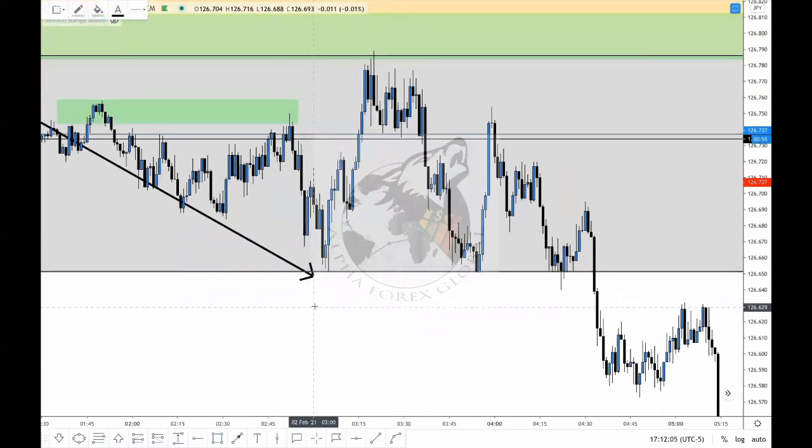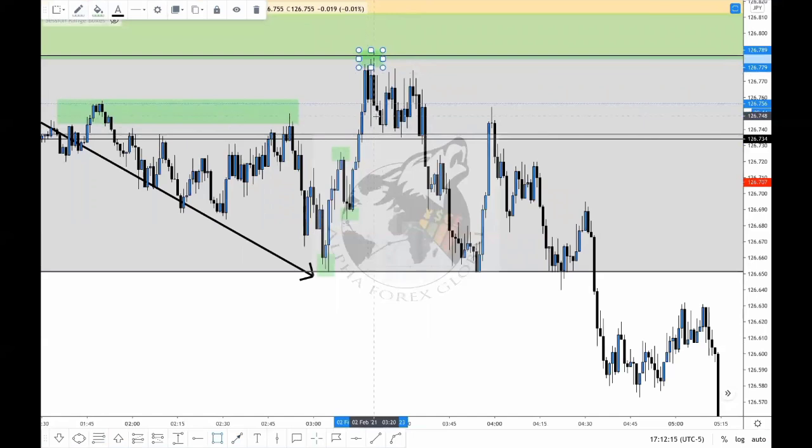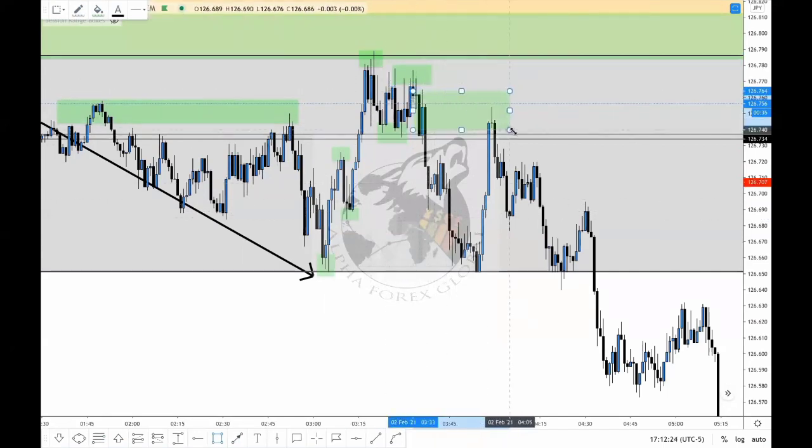So I identify the 1-minute trend, right? To take an entry on the 1-minute time frame, I would have to wait for a break of structure. So the market pushed down, basically created this, then pushed up, failed to create new highs, and then broke structure. So I identify this order block right here.